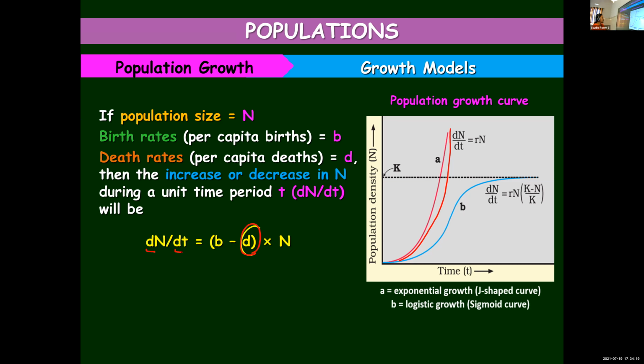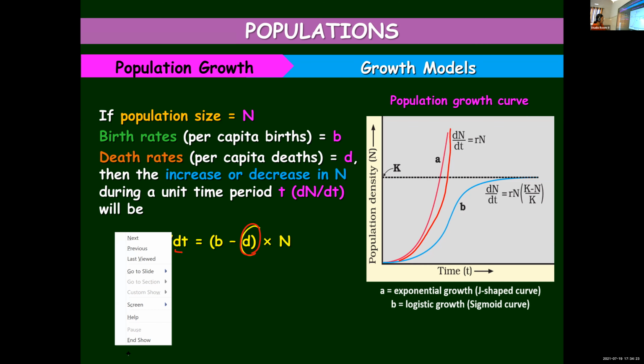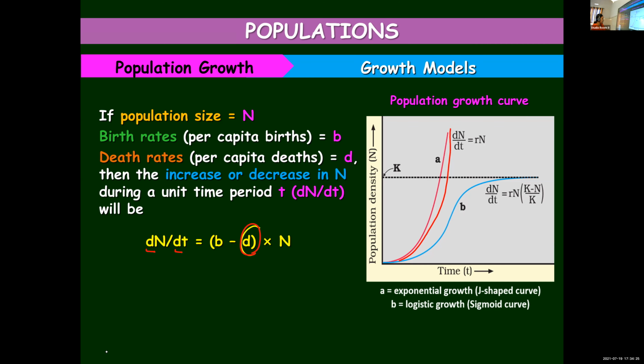So dN by dt, that is a change, increase or decrease in the population size, can be denoted as (B minus D) into N. And I told you B minus D can be replaced by the small letter r, which stands for the intrinsic rate of natural increase.